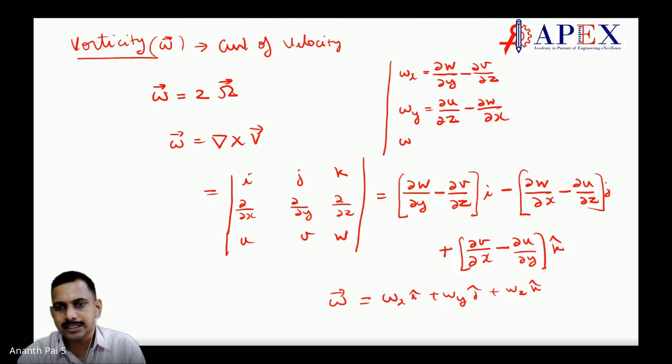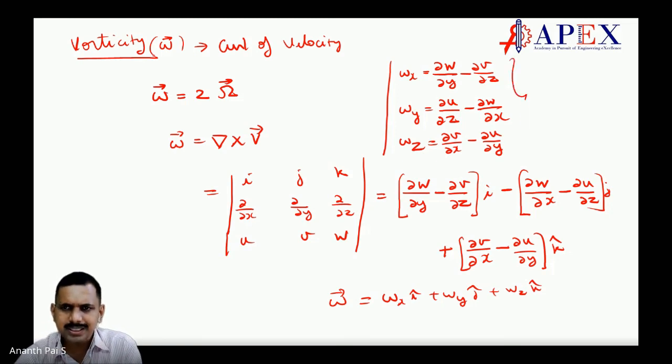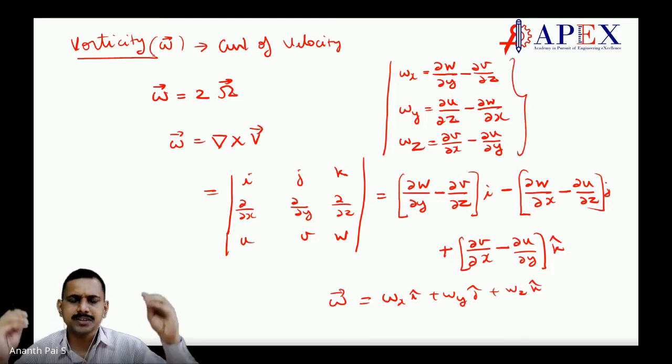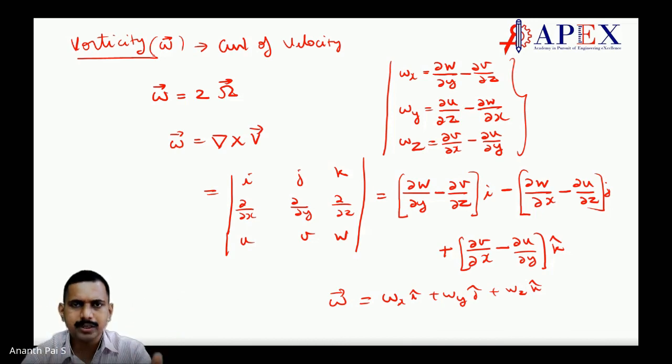And omega z would be equal to dou v by dou x minus dou u by dou y. Is it clear? So remember this. A lot of times in GATE, this question has appeared. They have given the velocity vector, they have to find out the vorticity, rotation rate. These are common.